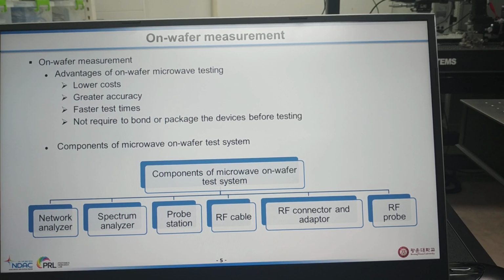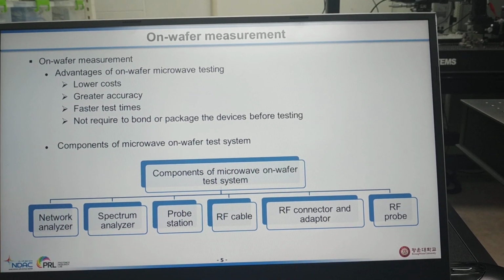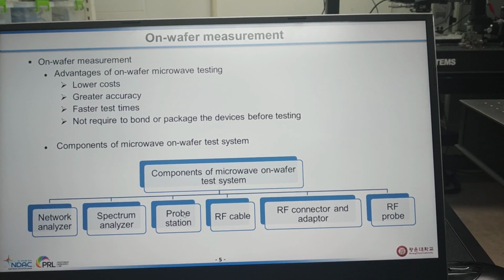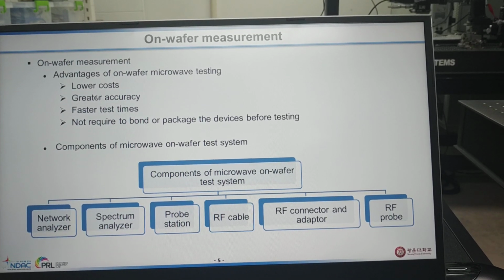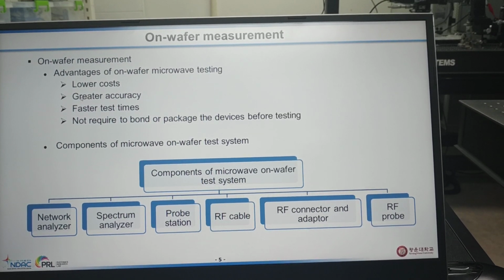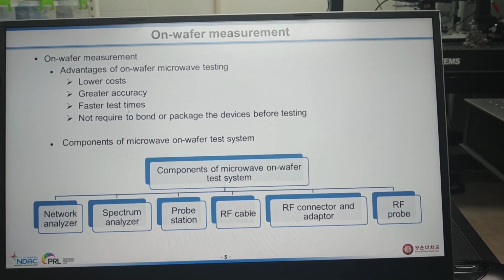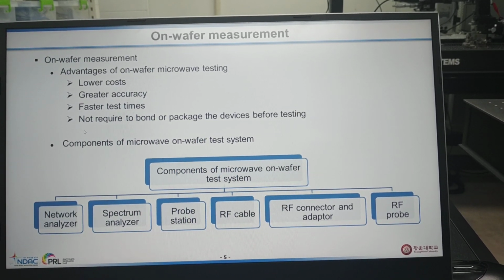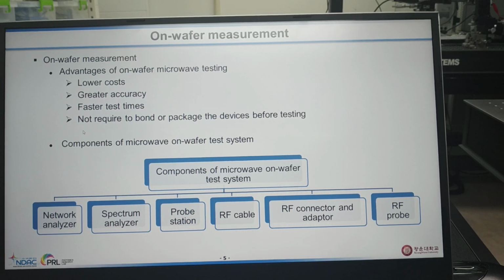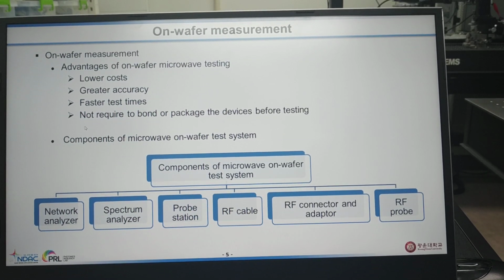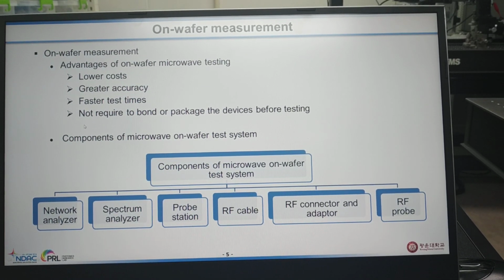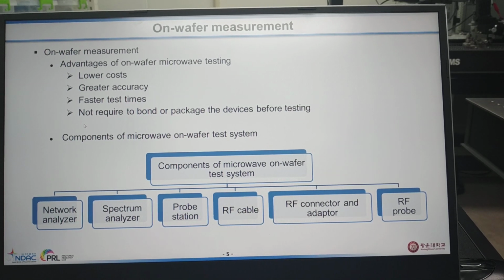The advantages of it are lower cost and greater accuracy, faster test time, and the last one is that it's not required to bond or package the device before testing.